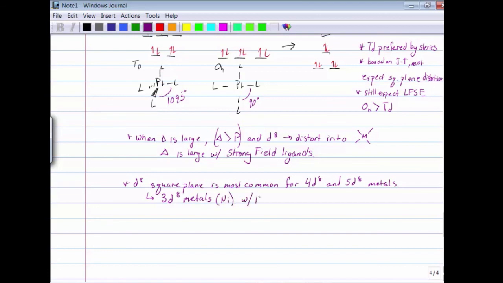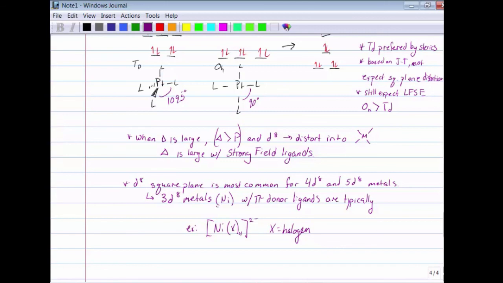When you have pi donor ligands, what do pi donor ligands do to delta? Where are those pi donor ligands on the spectrochemical series? They give you a smaller delta. Nickel, already in that first row of the transition metals, relative to palladium and platinum, has a small delta.